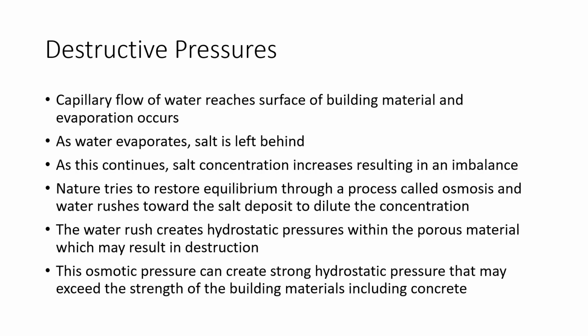But the capillary flow of water reaches the surface of building materials, and evaporation occurs. As water evaporates, salt is left behind. As this continues, salt concentration increases, resulting in an imbalance.